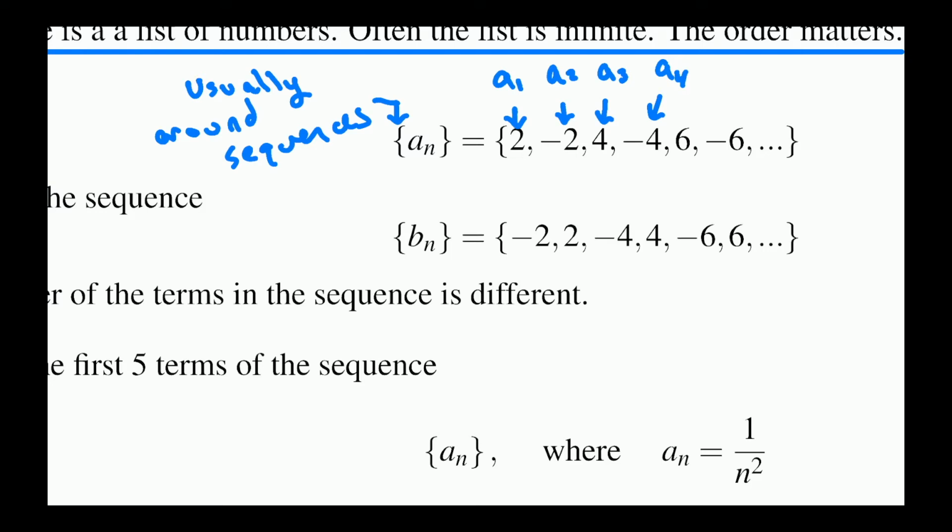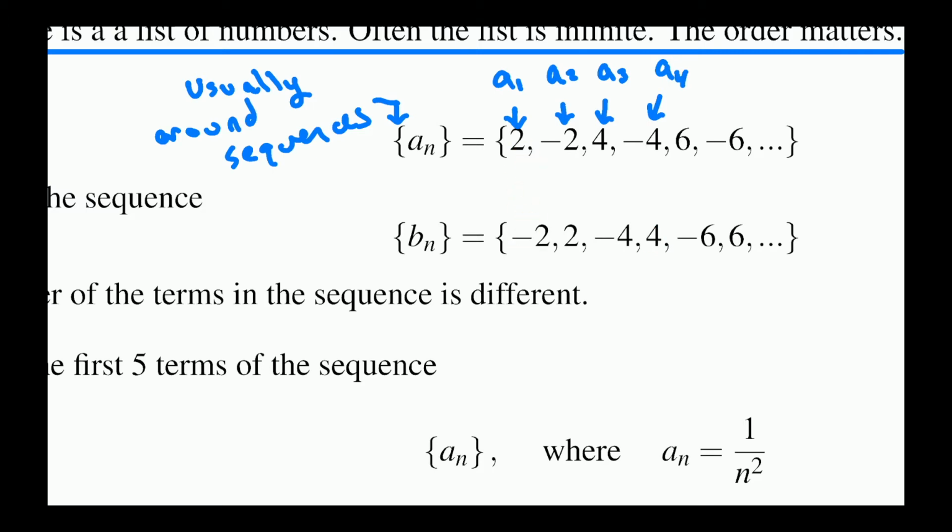And then down here, I'm giving you a new sequence called b_n. The terms in this sequence are the same as the terms in the first sequence, but they're not ordered the same way. The first one here is 2, and this one is -2. Then -2, +2, +4, -4, -4, +4.